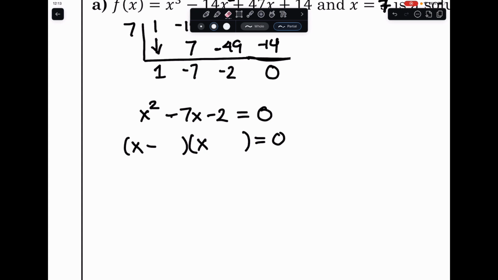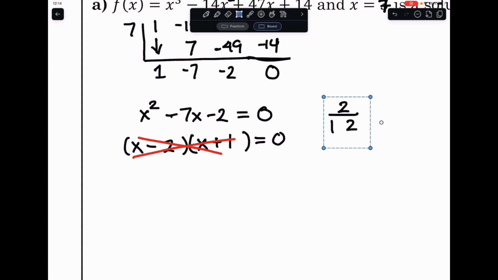Our signs will have to be minus and a plus, and since 2 is a prime number, the only option is 2 and 1, and that doesn't give us that middle term right there. So this technique of factorization is not going to be the proper way of figuring out the two remaining ones. So we have no other option other than having to use the quadratic formula.